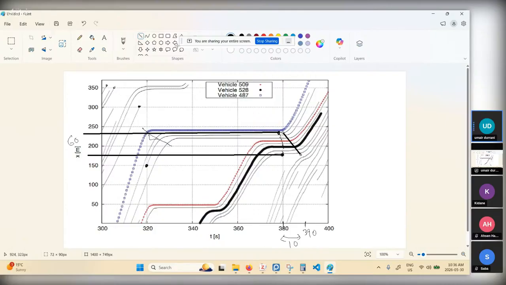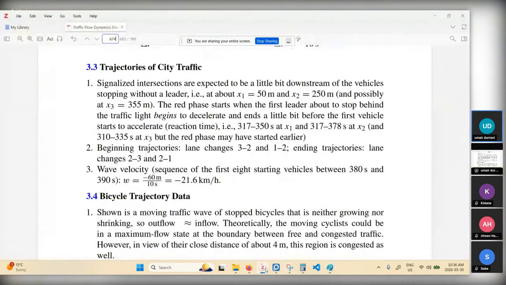So we are essentially looking at this distance of 60 meters between 380 to 390 seconds. This is the gradient of this line that is connecting this traffic jam that is happening. And that gives us the propagation velocity or the wave velocity, new term, that comes out to be minus 21.6 kilometers per hour.